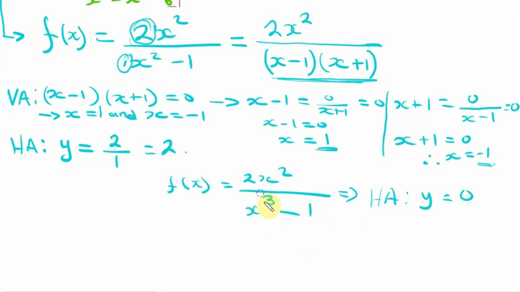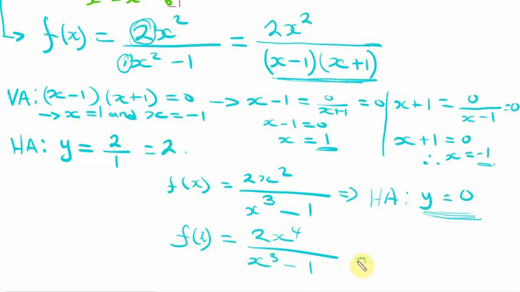Always, when the denominator is of a higher order than the numerator, your horizontal asymptote is located at the origin, y equals 0. The other way around, what if the numerator was of a higher order, let's say the power 4 x to the power 3 minus 1?